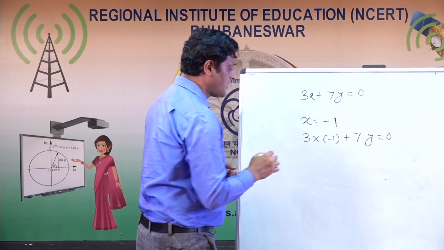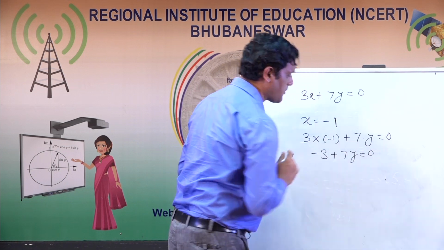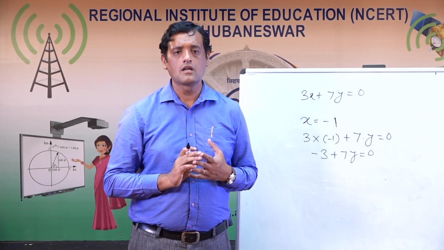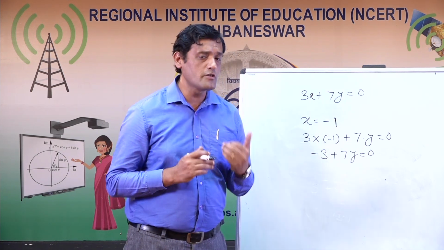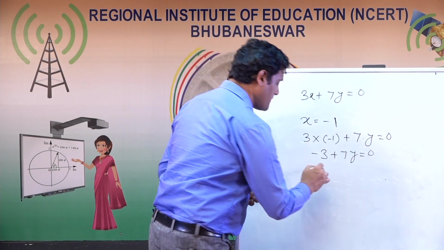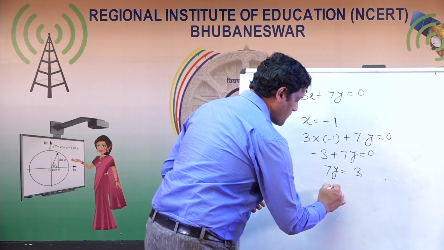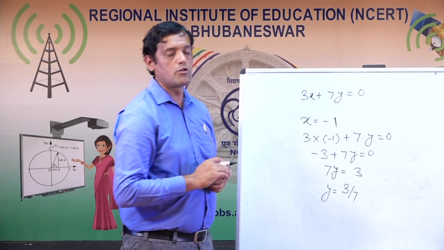Then what will happen? -3 plus 7y equal to 0. It means that it will become a linear equation in one variable. Good. So how do we find the solution of a linear equation in one variable? We simply get 7y equal to 3, then y equal to 3 by 7. So this is the value of y.